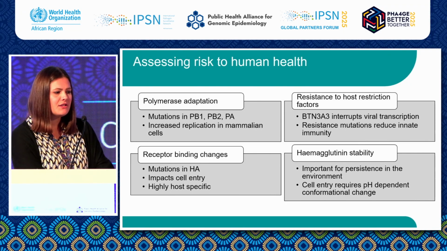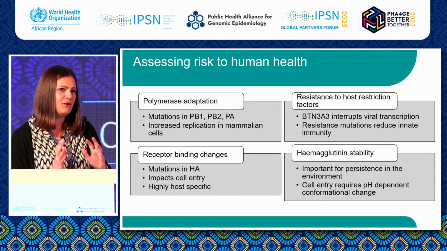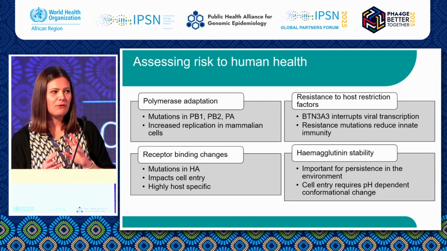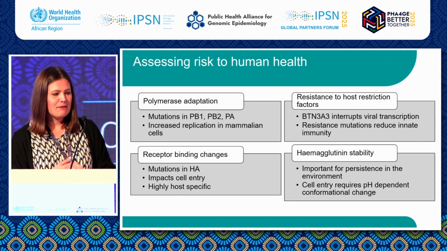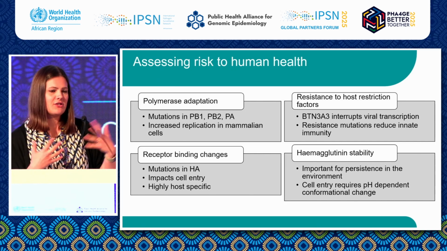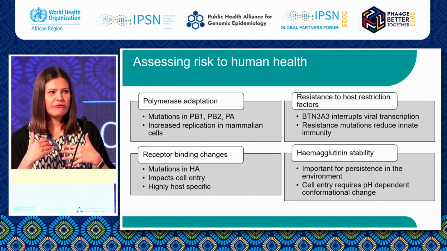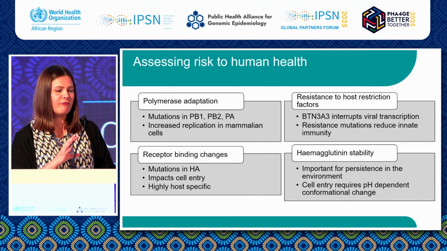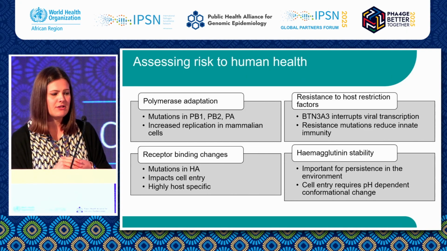In birds, you see what we call alpha-2,3 linked sialic acid receptors, but in humans, we have what we call alpha-2,6 linked receptors. And for effective infection and host cell entry, but also between-host transmission, you need to have these receptor-specific changes in HA.